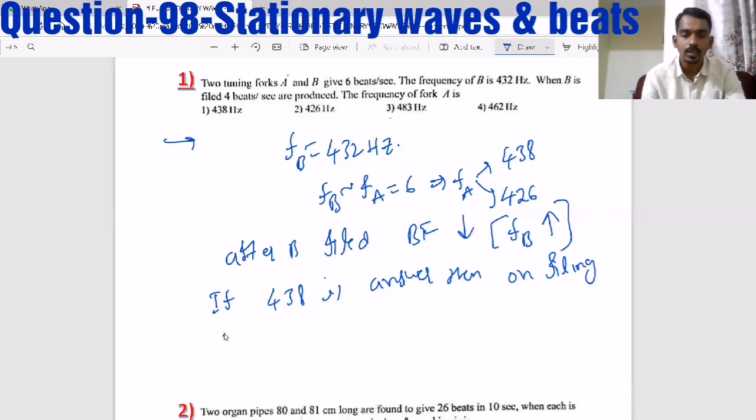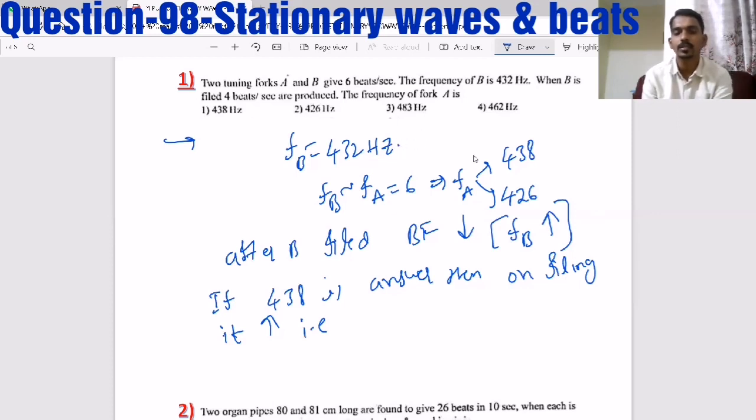On filing, it increases. Sorry, B got filed, right? B is 432. Now 432 will increase. 433 it may become.